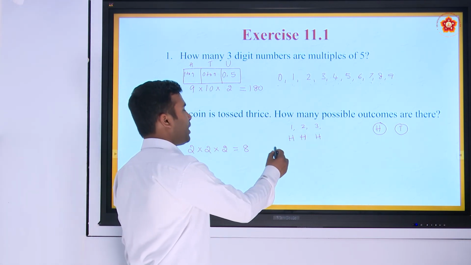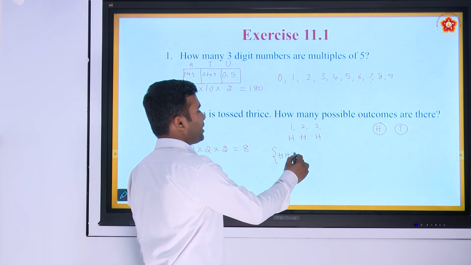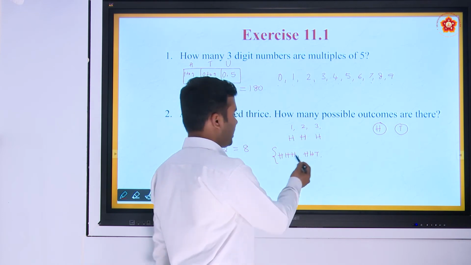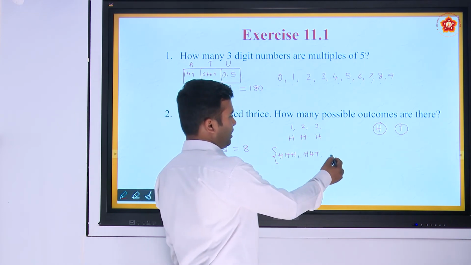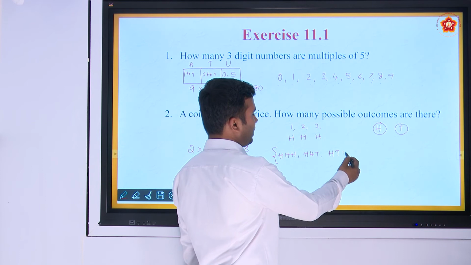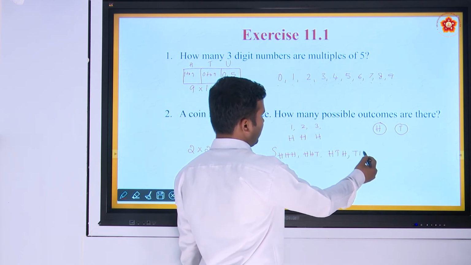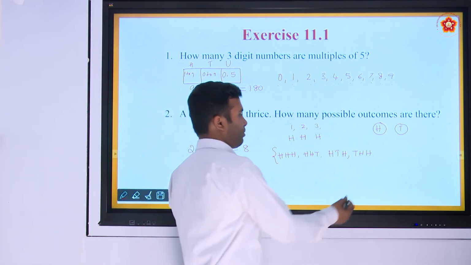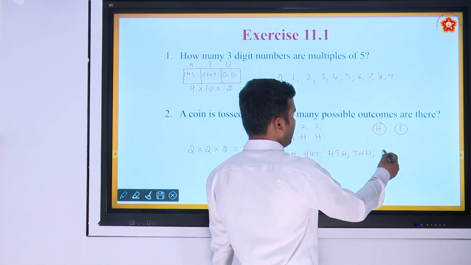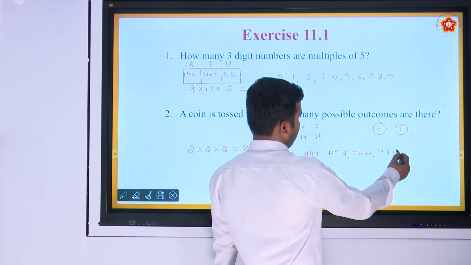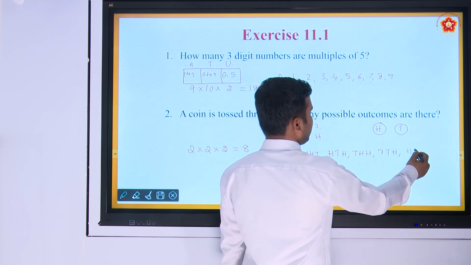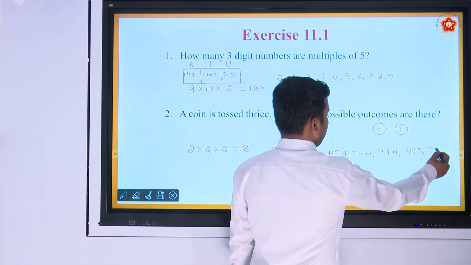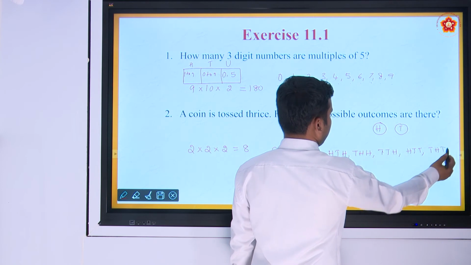Say you may have H, T, that means head, tail, and head, tail, head. So how many here? 4. Similarly, another 4 will be tail, head, tail, head, tail.